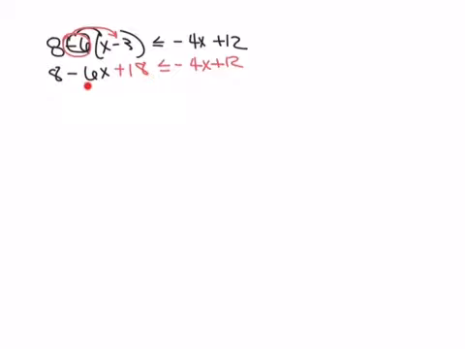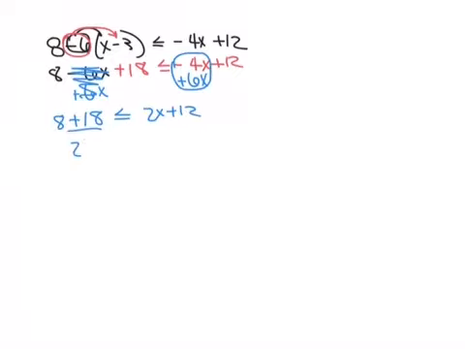So I take the smallest one, which in this case is -6. That's smaller than -4, so I'm going to move that over here. So I'm going to add 6x, add 6x. So that goes away. And I have 8 plus 18 is less than or equal to 2x plus 12. Let's add those together.